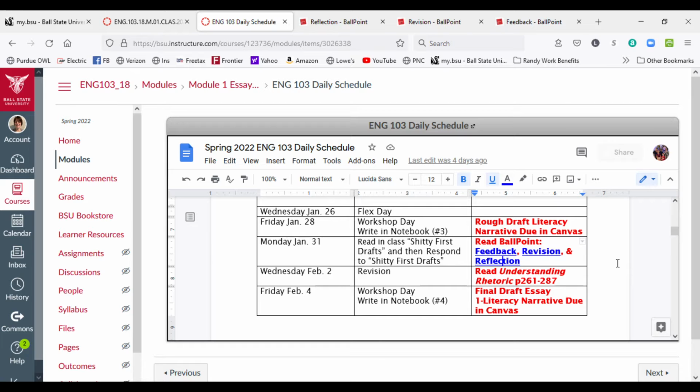So today we read in class "Shitty First Drafts" all together as a group, and then responded to the discussion of it. We also needed to talk about feedback, revision, and reflection, which we did in class.